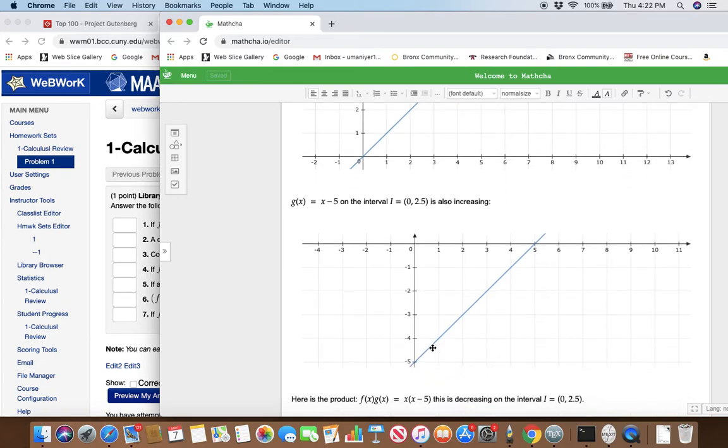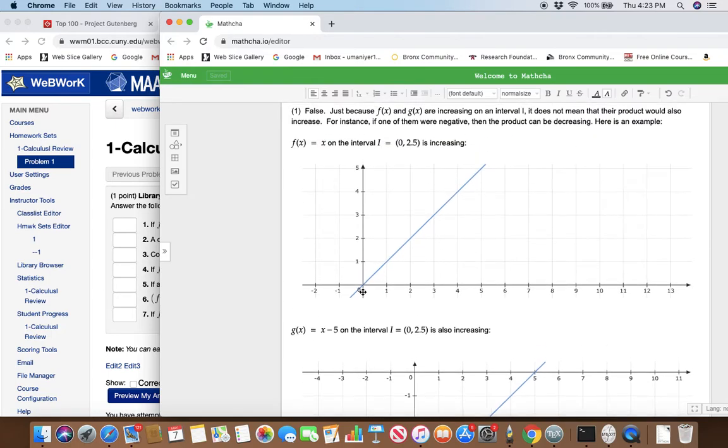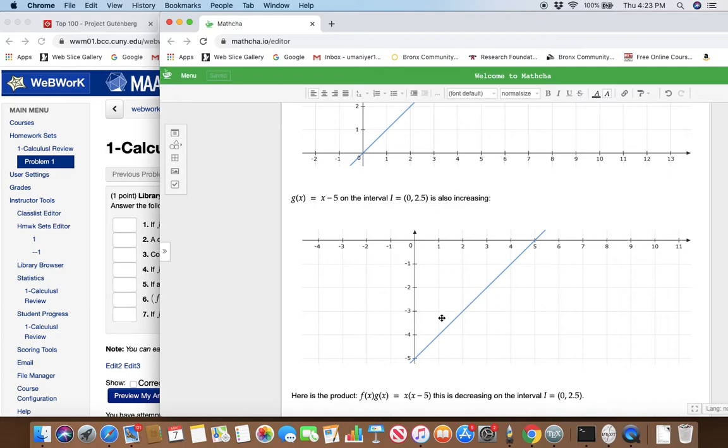Now notice function g is the same as f, essentially shifted down. From 0 to 2.5, here I have the graph for 0 to 5. f is above, whereas g is below the x-axis. In other words, g is negative in my interval.